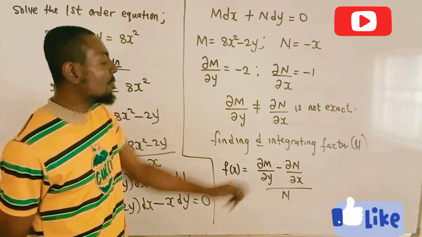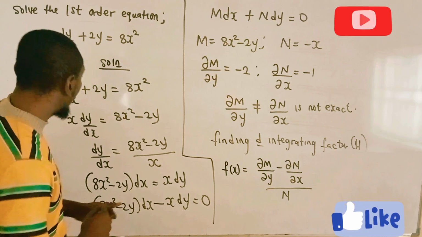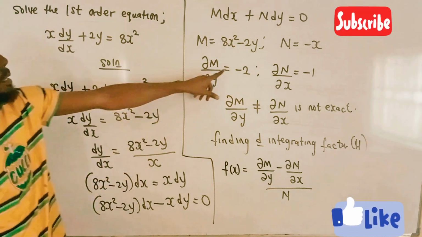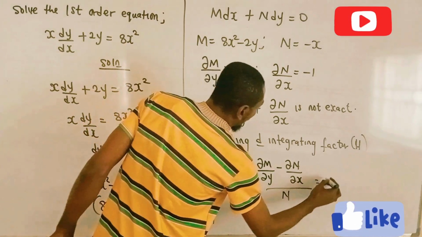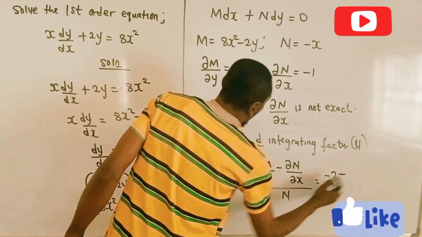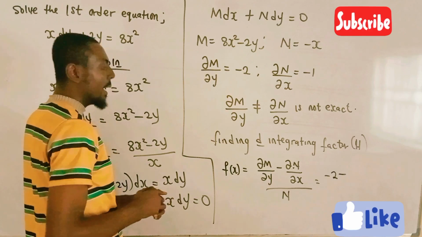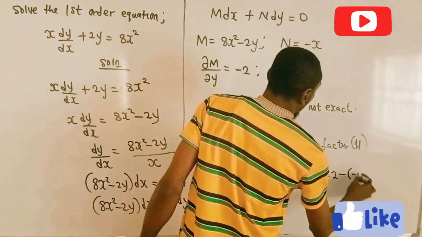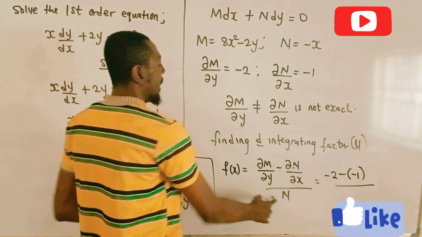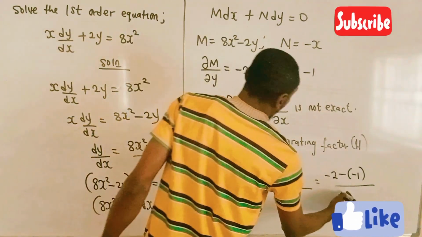So what's the partial differentiation of M with respect to y? Of course, it's minus 2. We have that equal to minus 2 minus the partial differentiation of N with respect to x, which is minus 1, all over N, and of course N is minus x.